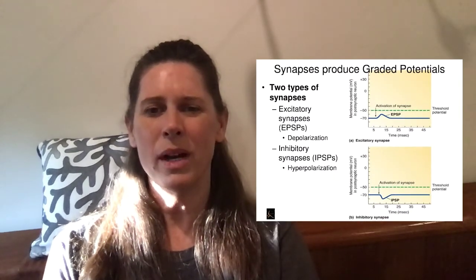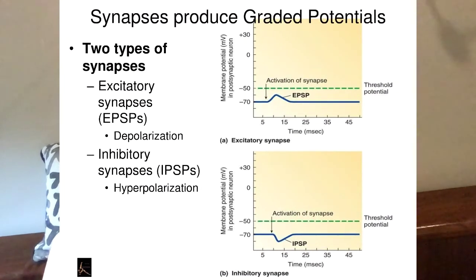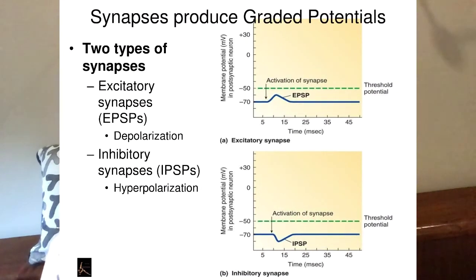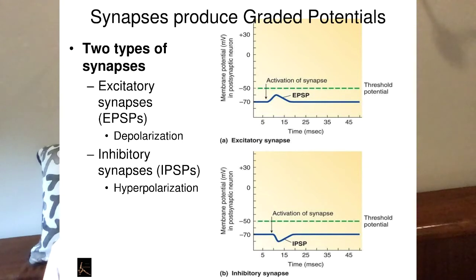Okay, so what synapses can do is, again, produce two different types of graded potentials. If the presynaptic cell releases a neurotransmitter that opens a channel like sodium and depolarizes the postsynaptic cell, then that type of synapse is called an excitatory postsynaptic potential, or EPSP.